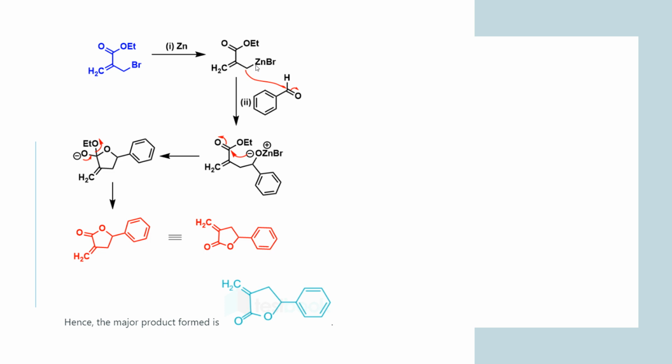And in the subsequent step, when we introduce benzaldehyde to the reaction medium, the anionic part of this zinc bromide intermediate product will undergo nucleophilic attack at this carbonyl carbon. Okay, so after the attack, what happens? It will follow the similar pathway which we observed in Grignard reaction.